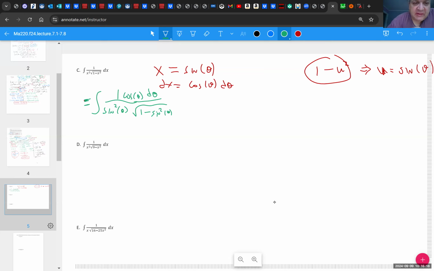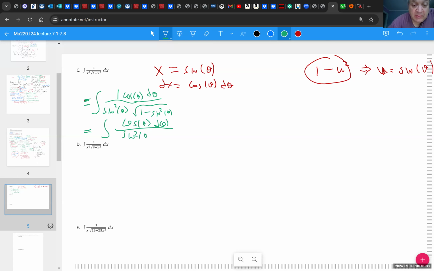So I put my dx in there, put my x's in there, and I get this big old mess, which doesn't look promising, but let's simplify it first before we make a judgment on whether it got simpler. So on the top we get cosine theta, the 1 we don't need to write. On the bottom we have the sine squared thing.